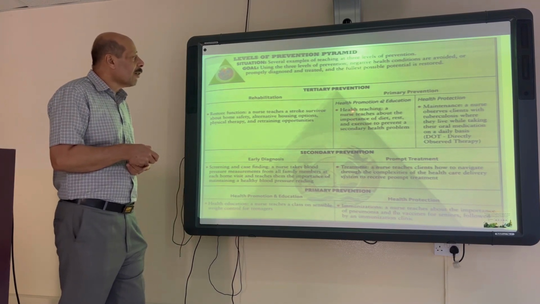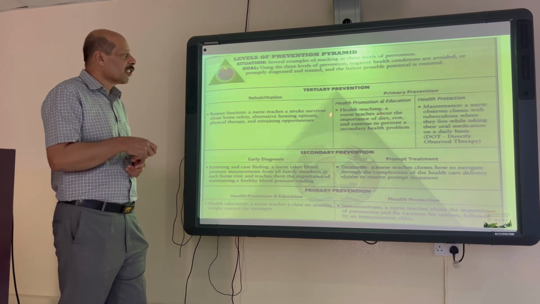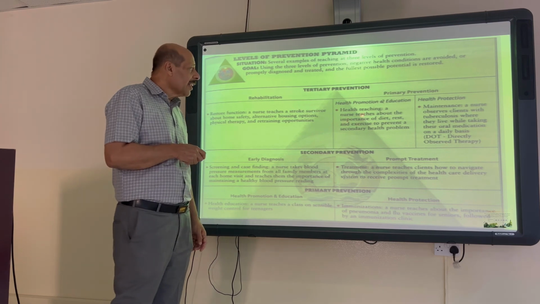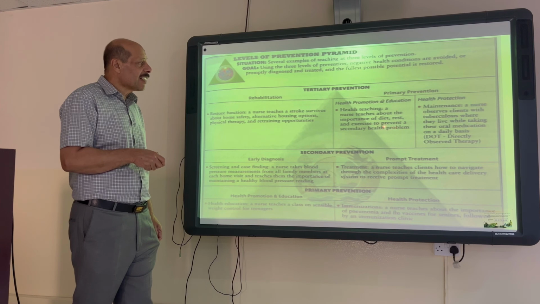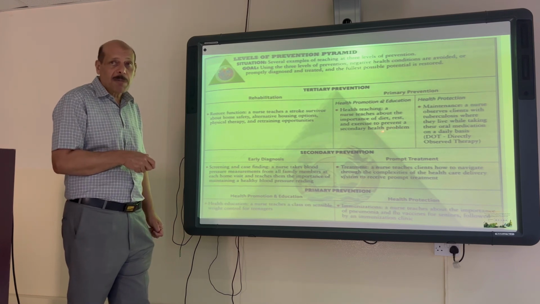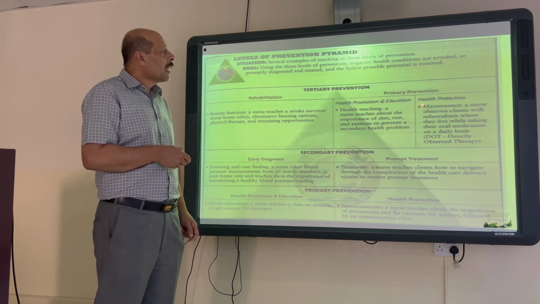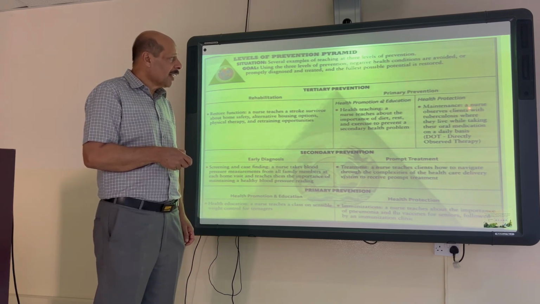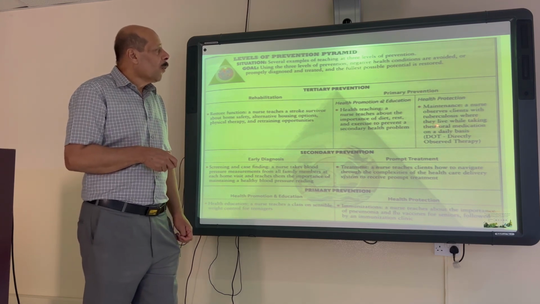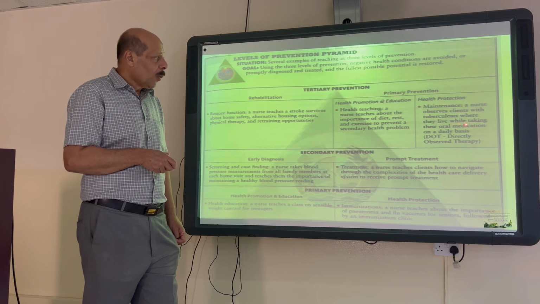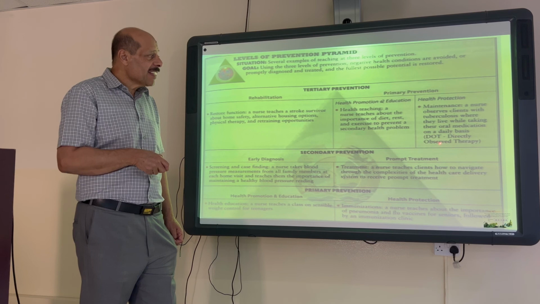Health teaching also, health promotion and education, comes also under tertiary prevention. The nurse teaches about the importance of diet, rest, exercise, and preventing secondary problems in order to prevent the complication of those problems. Health protection maintenance: the nurse observes the client with tuberculosis, whether they are taking their oral medication on a daily basis.